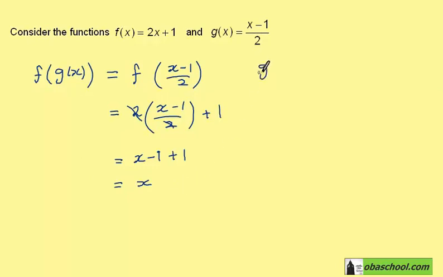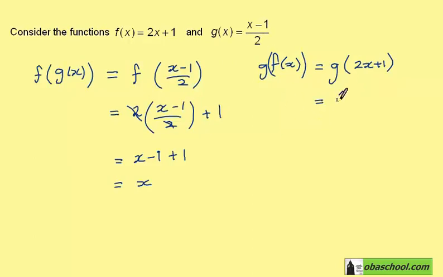Now consider doing g of f of x, so doing it the other way around. So we get g of 2x plus 1. g takes whatever the input is, takes 1 away from it, and then divides the result by 2.